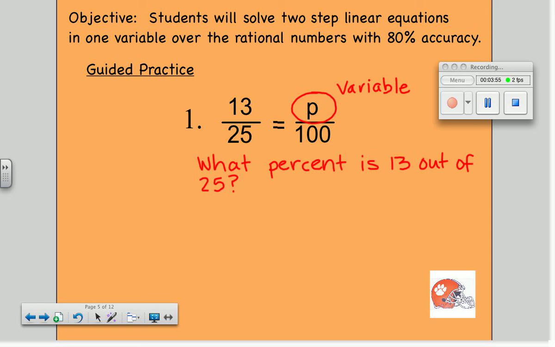So in cross multiplication here, we're going to multiply 13 times 100 and 25 times P. So 25 times P is equal to 13 times 100 using cross multiplication. 25 times P is 25P, and 13 times 100 is 1,300.